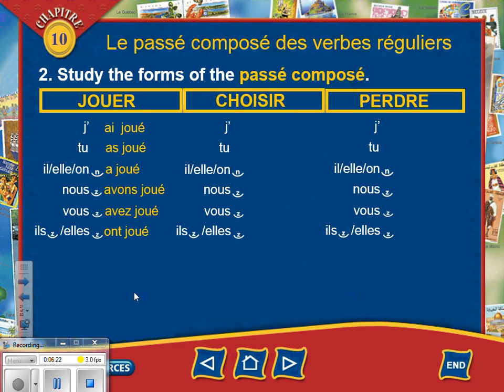All right, let's look at it for a regular IR verb. J'ai choisi. Tu as choisi. Il, elle, on a choisi. Nous avons choisi. Vous avez choisi. Ils, elles ont choisi.